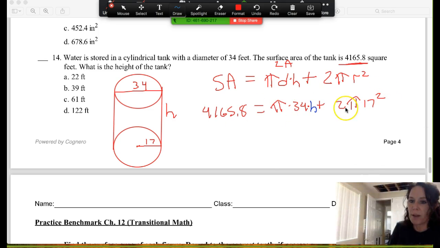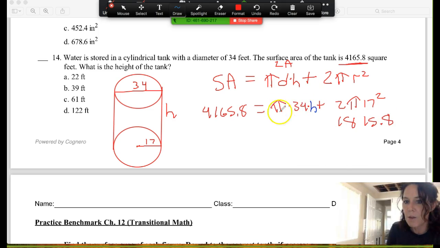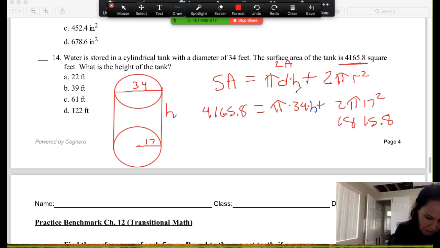Let's go ahead and simplify what we have here. I'm going to go 17 squared times 2, and then multiply that by pi, and I'm going to get here 1815.8. Let's just do that. And then here 34 times pi times h, so I'm just going to go 34 times pi and round that out.